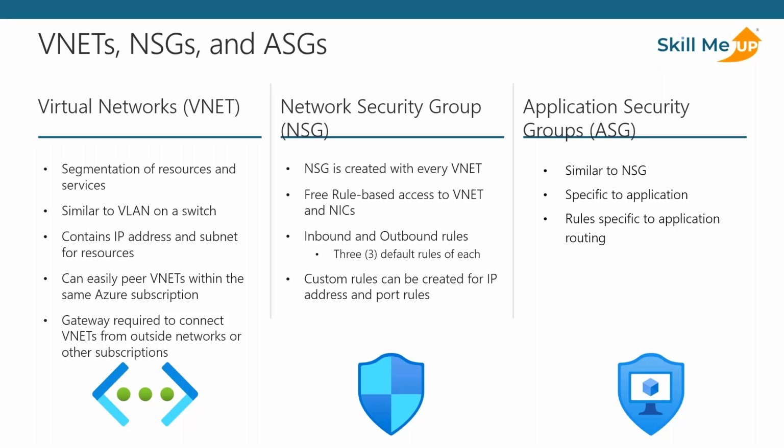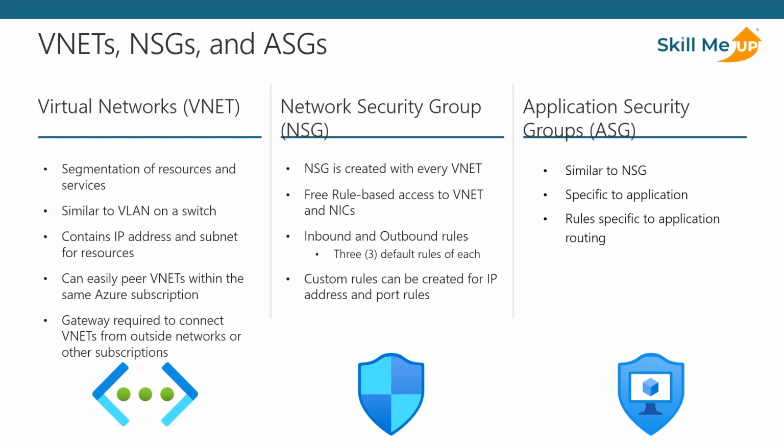Network security groups are established as part of every VNet and virtual NIC within the Azure environment. These NSGs provide a free rule-based access control environment, very similar to rules that you would see on a firewall, but they don't provide what a firewall would in terms of deep packet inspection and those types of things. It's strictly inbound and outbound rules.